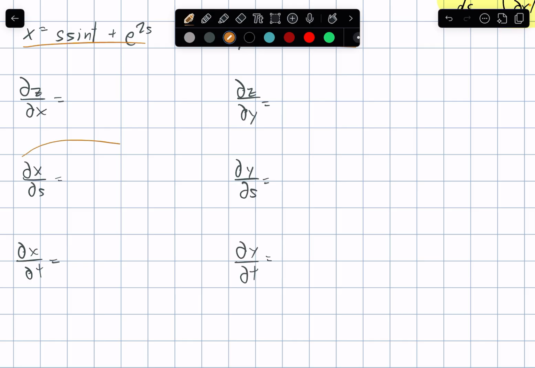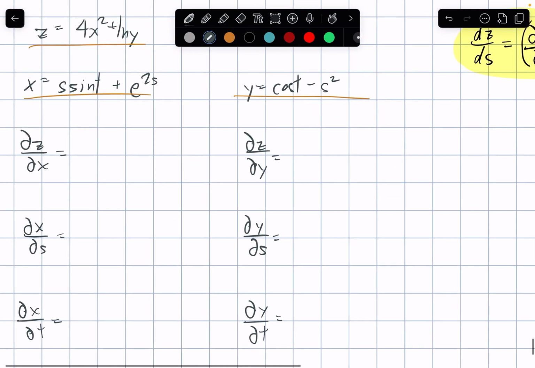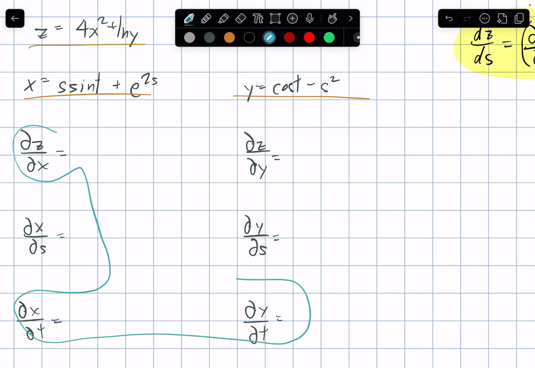So I believe this is the new pair that we usually solve for when we have two variables. These four, we're already familiar with so far. So let's see how they'd be used later.